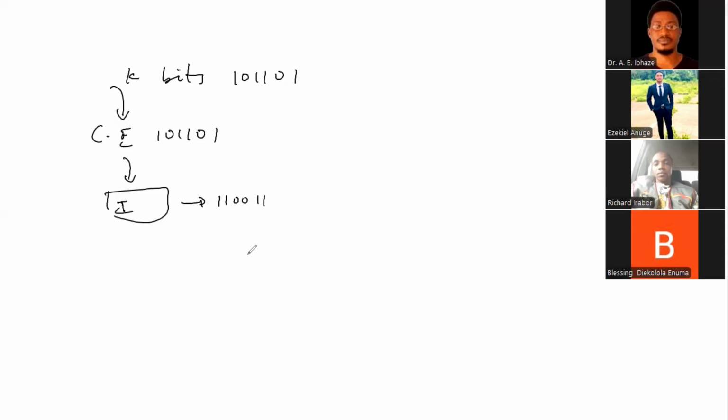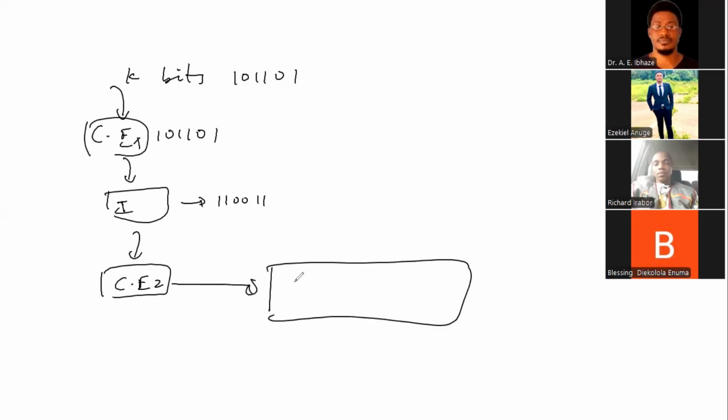And then this interleaved output is now fed into the second convolutional encoder. Okay, and while this is being done, we have the parity bits added, and then the output of this is literally a systematic code.